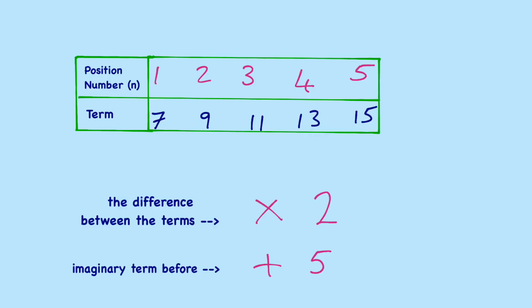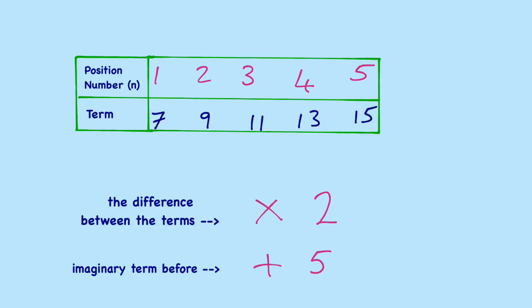If I'm looking for the third term, so that is position number 3, I will multiply the 3 by 2, which gives me 6, and then I will add 5, which equals 11. And as you can see, that is the term number.